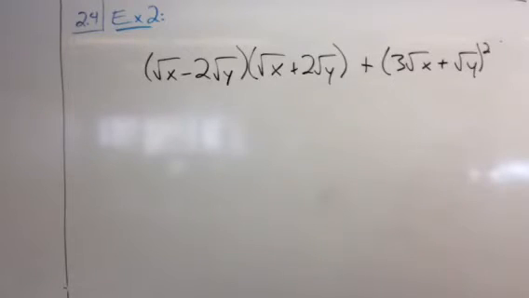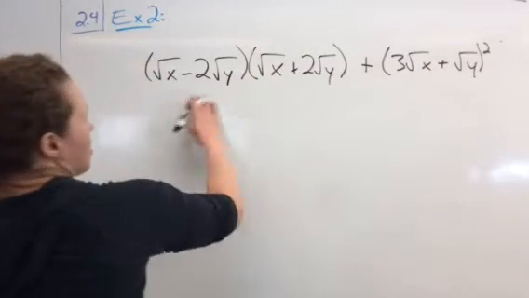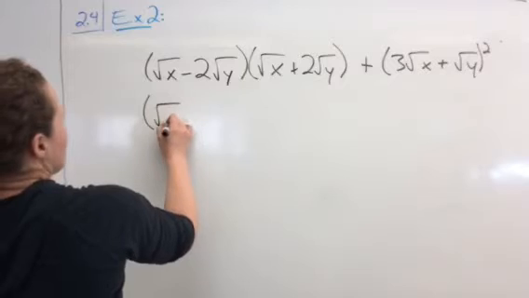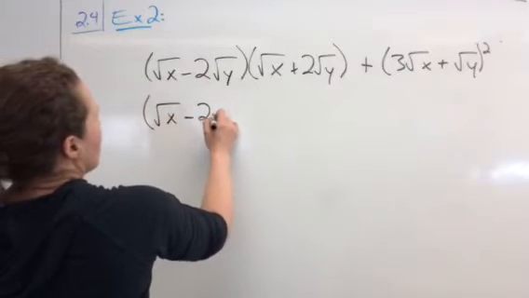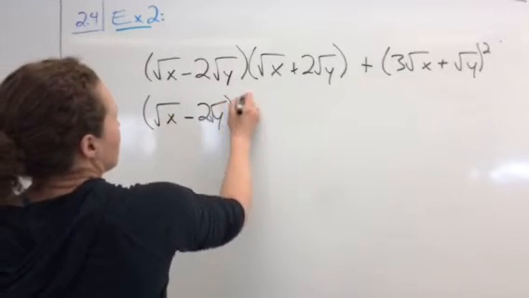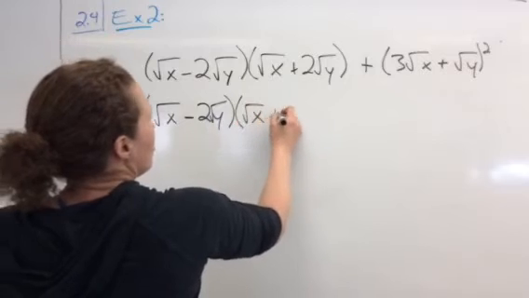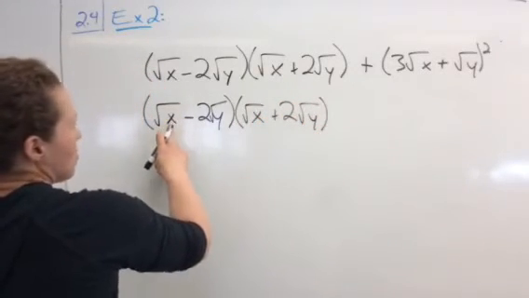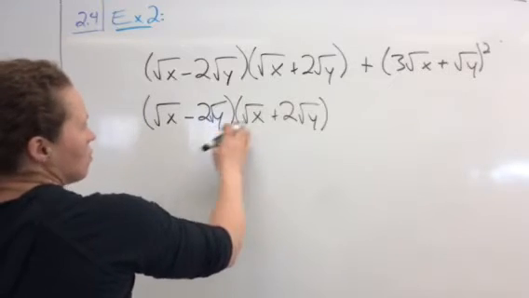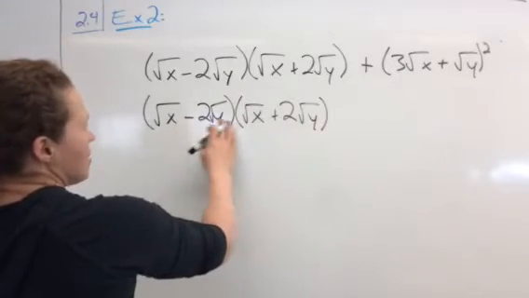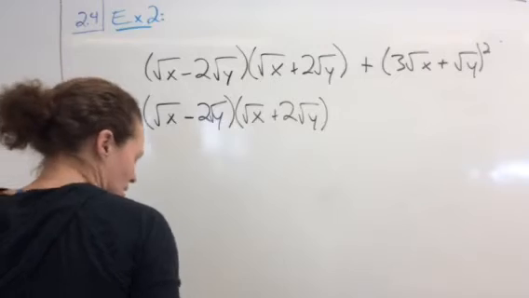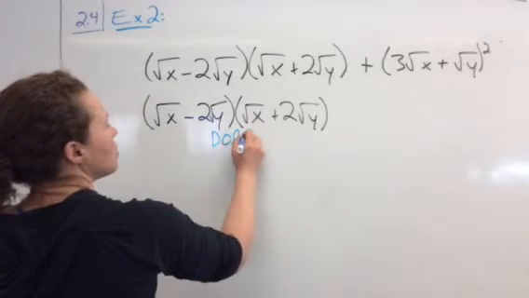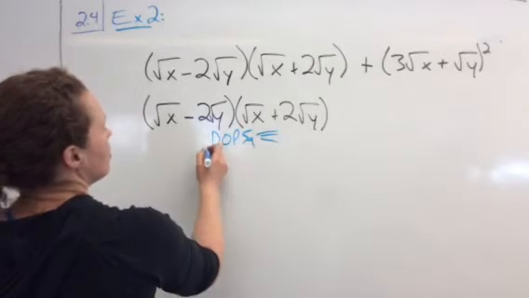I'm just really quickly going to write out, obviously this one, I can look at it and ask myself if there's a pattern that I can identify that might help me with this, and in fact there is, because this is root x, 2 root y, plus and minus. So I'm just going to make a little difference of perfect squares, right?